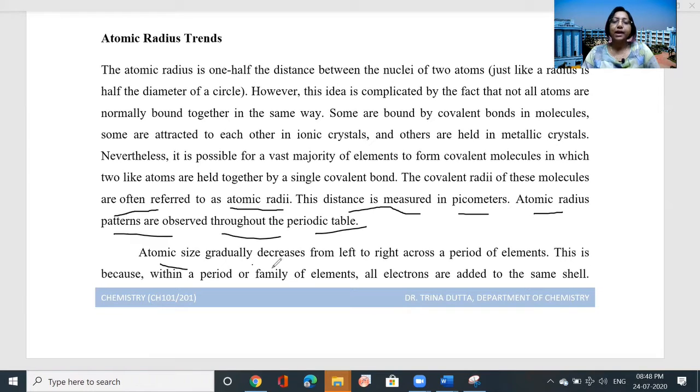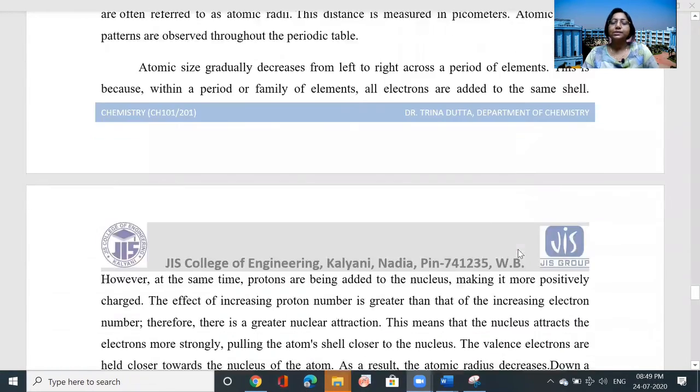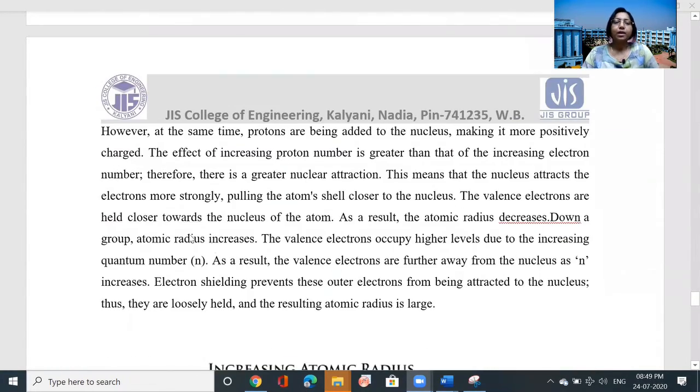Atomic size gradually decreases from left to right across a period of elements. This is because within a period, all electrons are added to the same shell. However, at the same time, protons are being added to the nucleus, making it more positively charged.